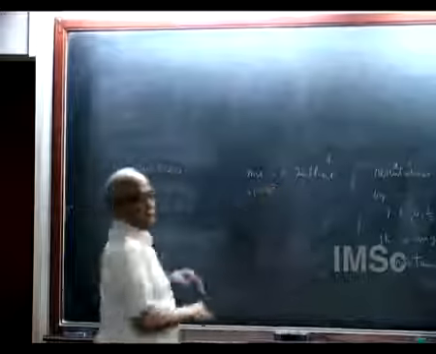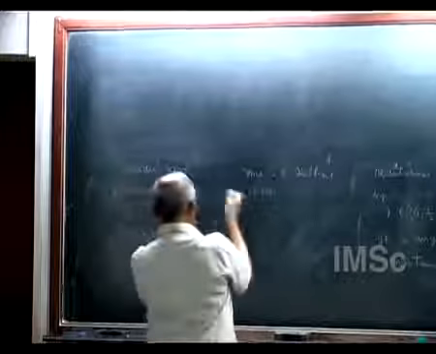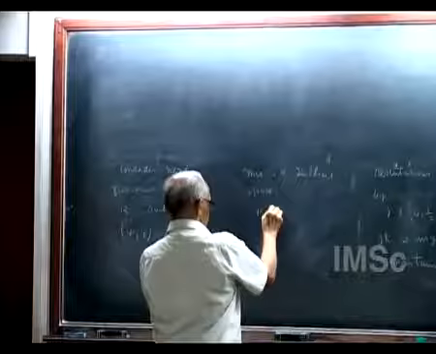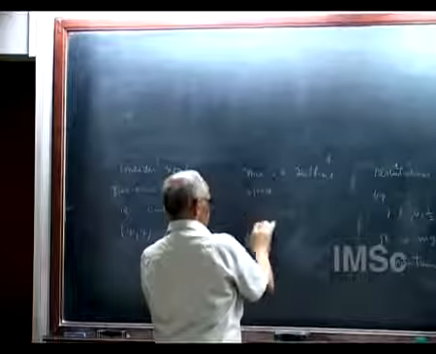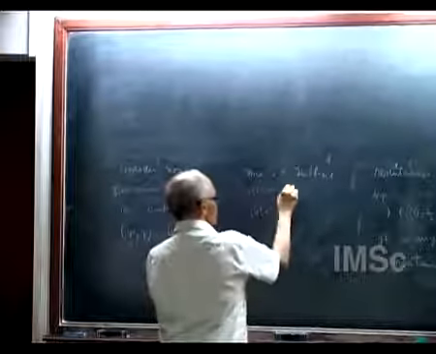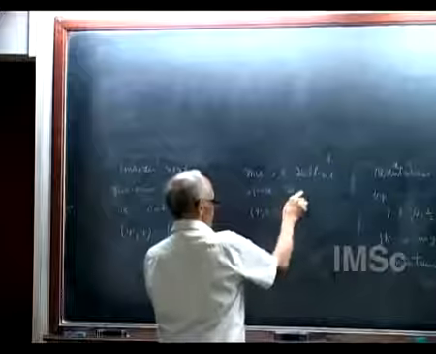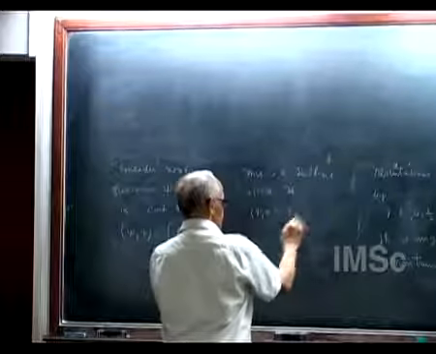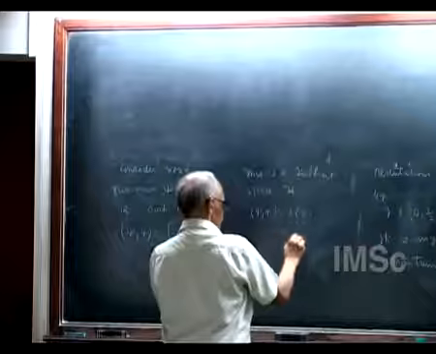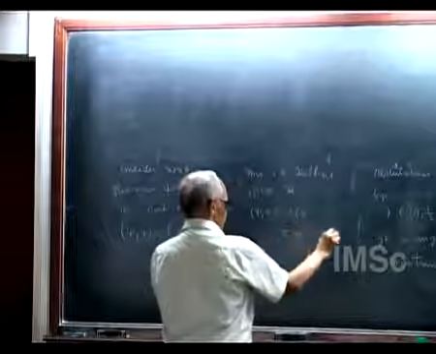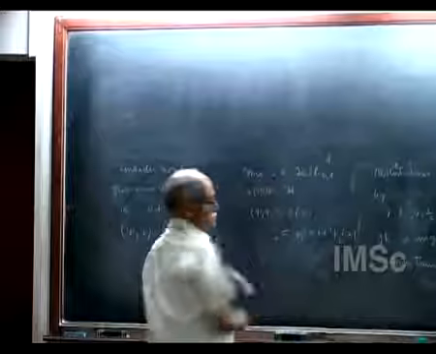I can add functions. So addition is psi 1 plus psi 2. This element in the Hilbert space H, by definition at x, is obtained by adding the values.